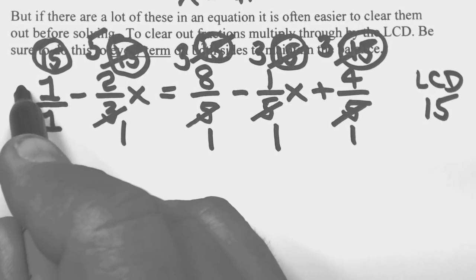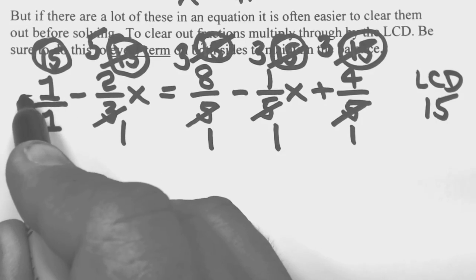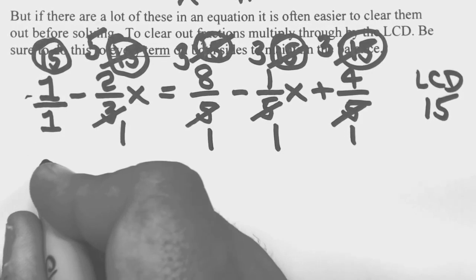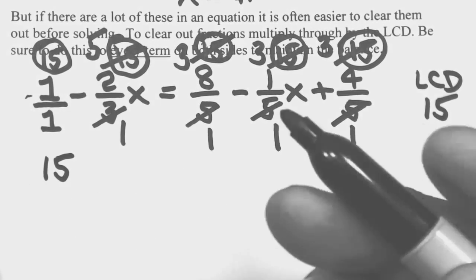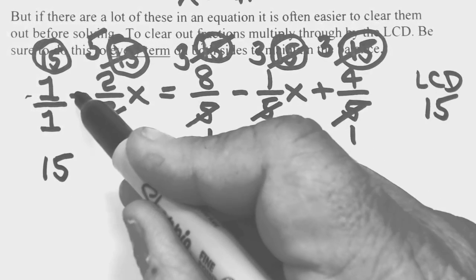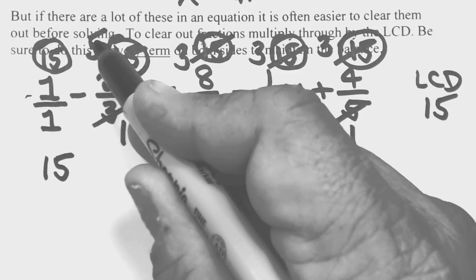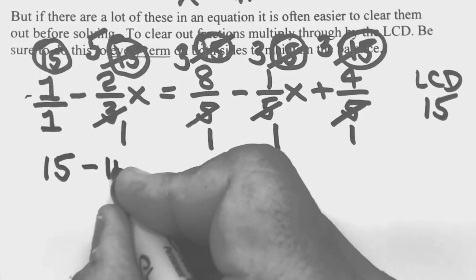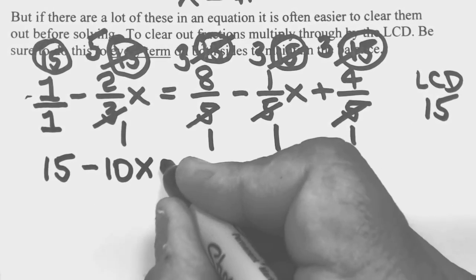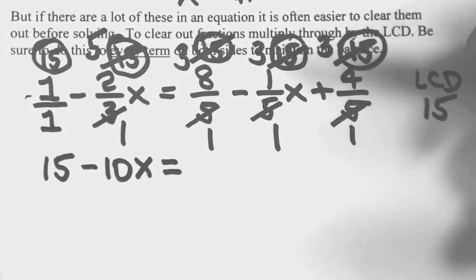The guy in front, officially there's a plus in front of the 1. Plus 1 times 15 is just plus 15. Again, you could put the plus in front if you wanted. The next guy, negative 2 times 5 is negative 10, and there's an x, so negative 10x. Then we hit the equal sign. There that is.